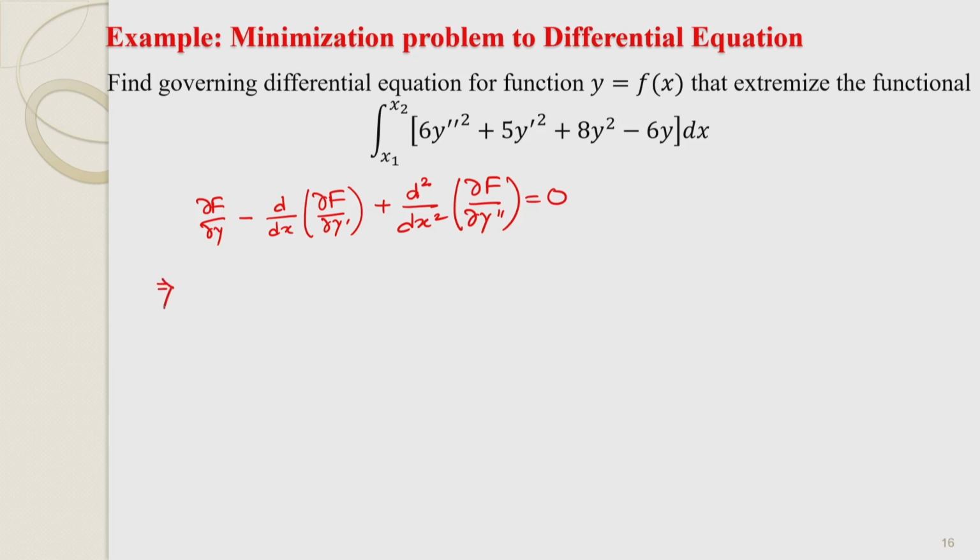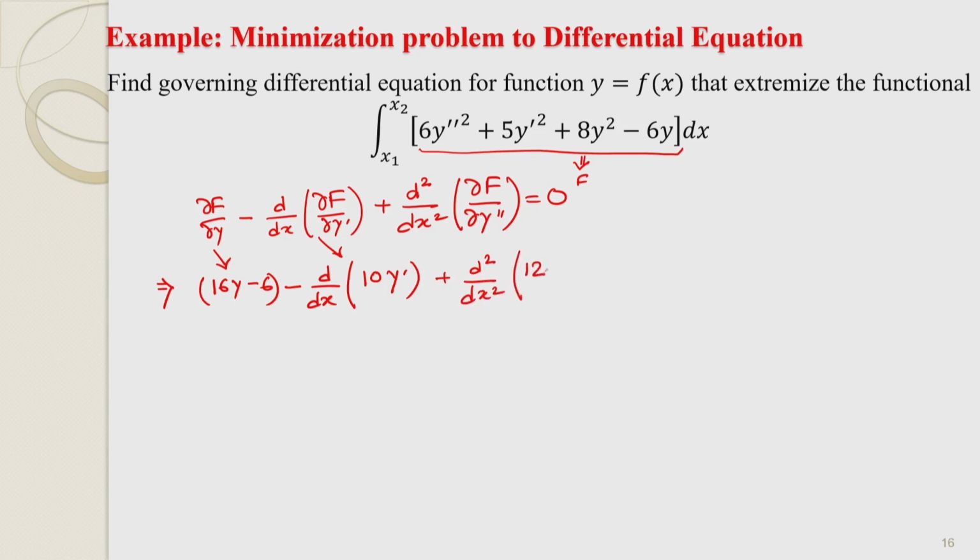Now, here this is our f. So, 16y minus 6, that is coming from this, minus d dx of 10 y prime from this, plus d2 dx2 of 12 y double prime, that is coming from this, equal to 0.